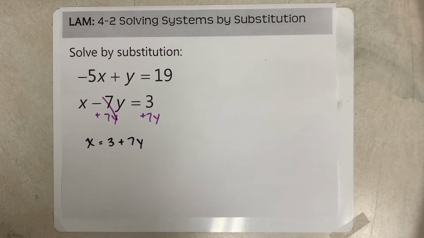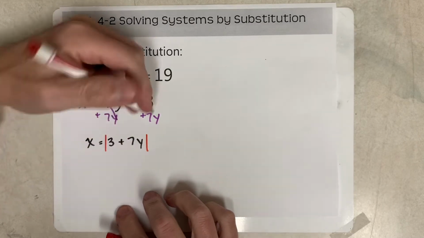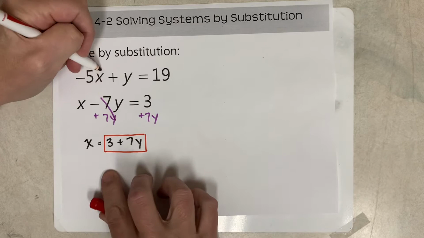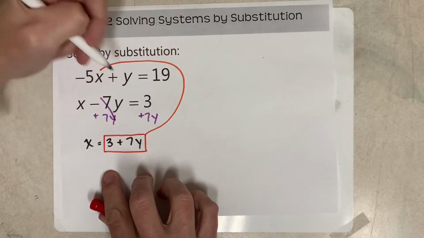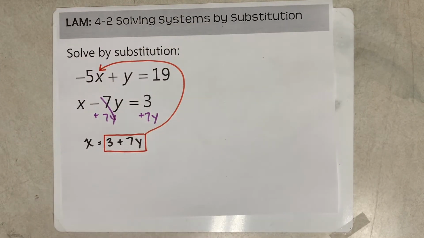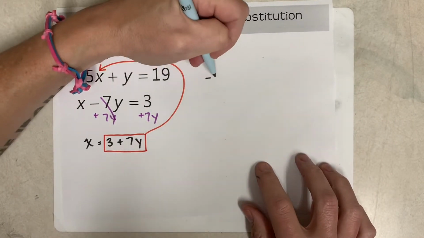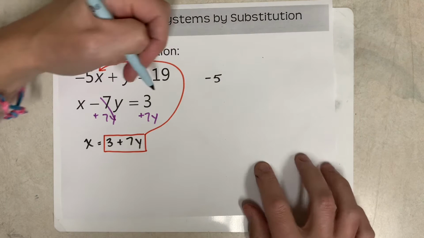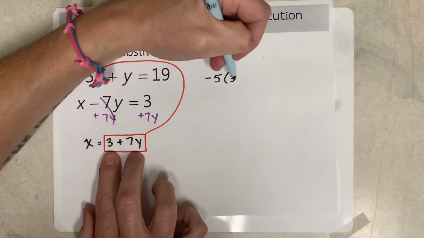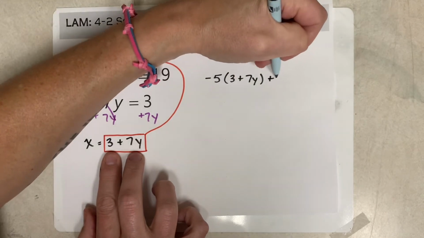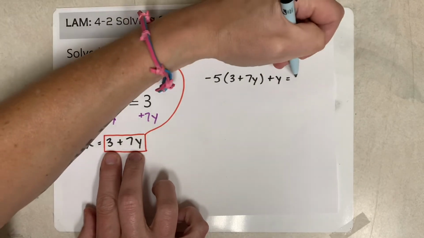Okay, that now is going to get plugged in to the other equation for x, because that's what x equals, right there. So all the way around is where that's going. So now we have negative 5 times, not x anymore, but 3 plus 7y, plus another y equals 19.